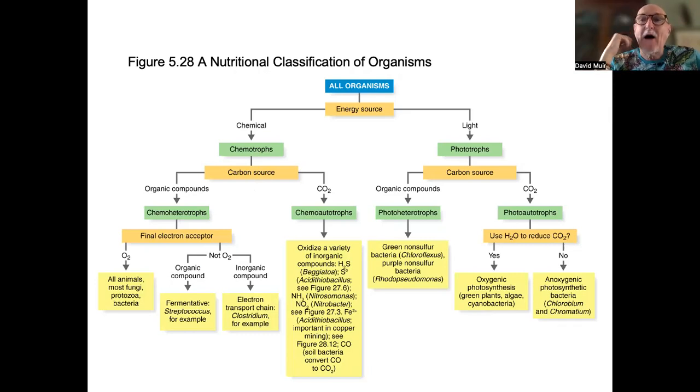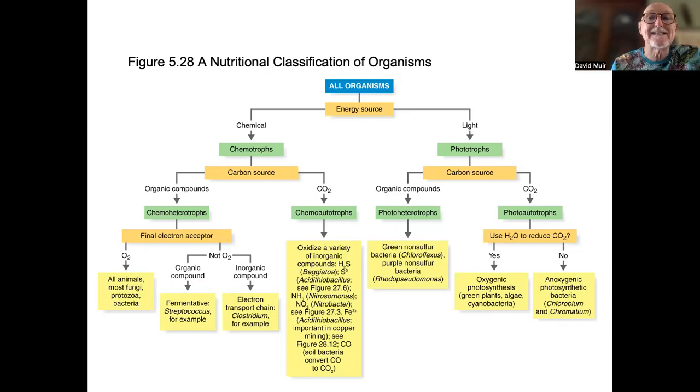So that's us. But having said that, we have to ask another question. And that is, how do they use it? How do they utilize these already created organic compounds as a source of energy? Because there are various strategies. And the first thing we notice is whether or not they utilize oxygen as a terminal electron acceptor. Well, we know that most eukaryotes like us are utilizing aerobic respiration.